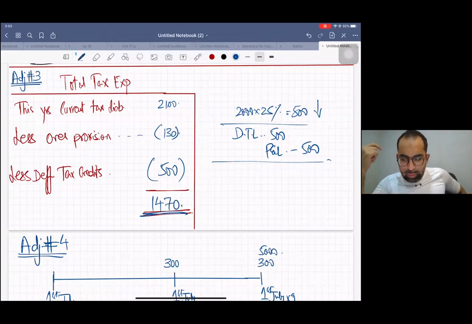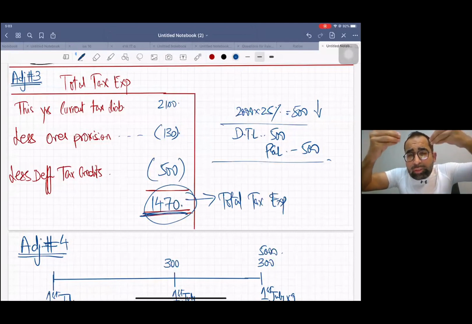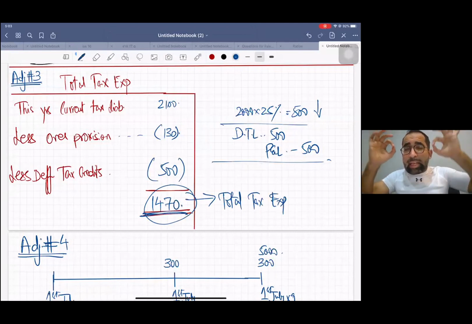Now, what is relevant for you right now? You are doing the income statement. Right now you are doing the income statement. So only this number is relevant for you. This is your total tax expense. You don't need to even discuss the SOFP things.